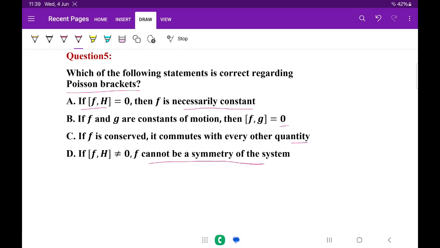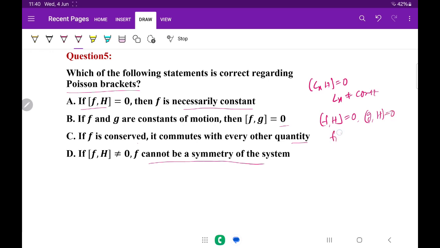Why? f is a constant along trajectories, but not necessarily a global constant. For example, angular momentum satisfies L comma H equal to 0, but L is not a constant everywhere, right? That's why option A is false. If you see option B, this is like a trap. Even if f and g are conserved, that means the Poisson bracket of f comma H is equal to 0 and the Poisson bracket of g comma H is equal to 0.